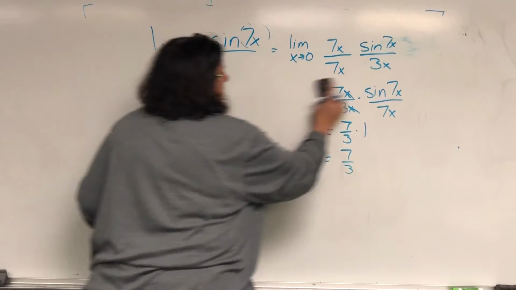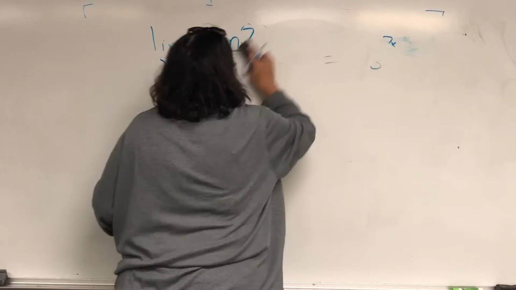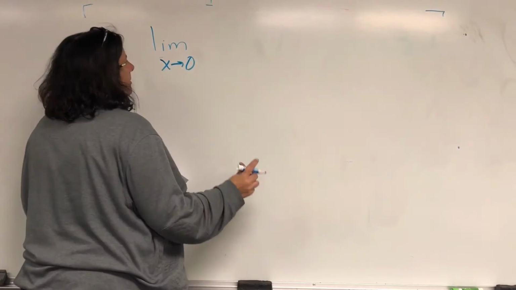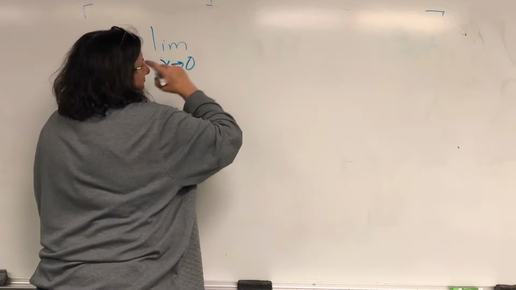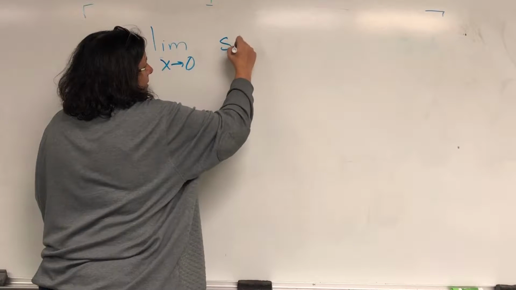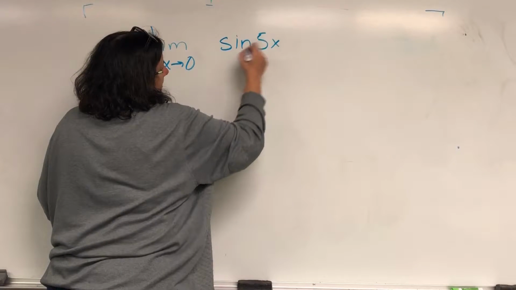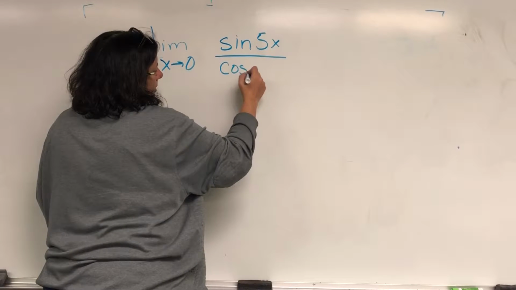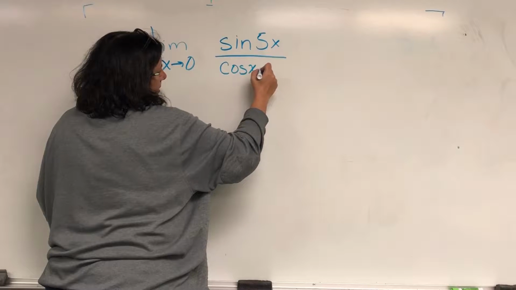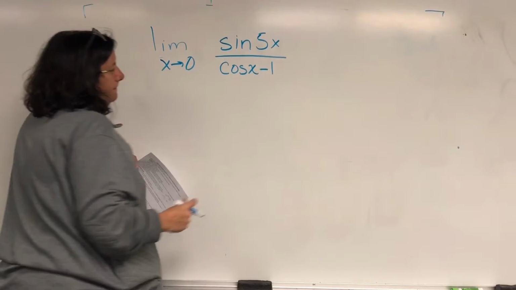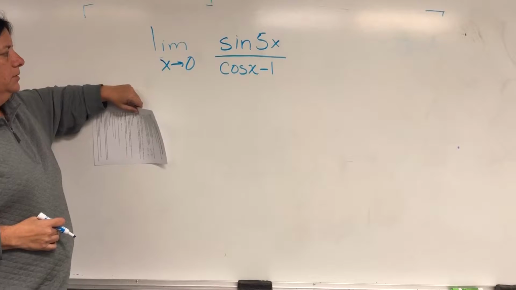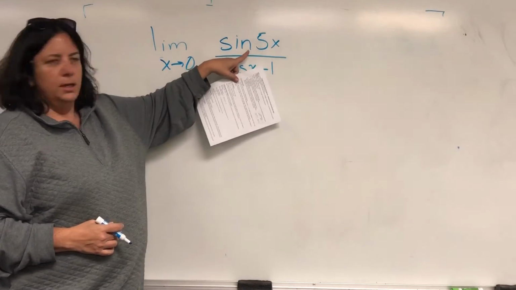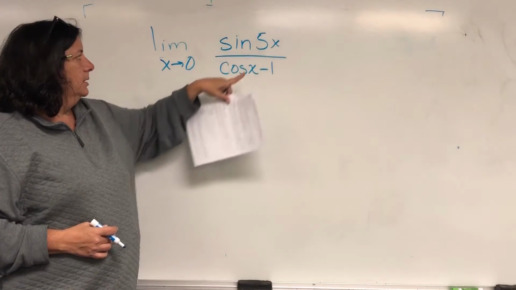So what you can do to shortcut finding a limit with that is to take the derivative of the numerator and the denominator. For example, if I have sine 5x over cos x minus 1 as x approaches 0, then I'm going to be in trouble because this is going to be 1 minus 1 and this is going to be 0.